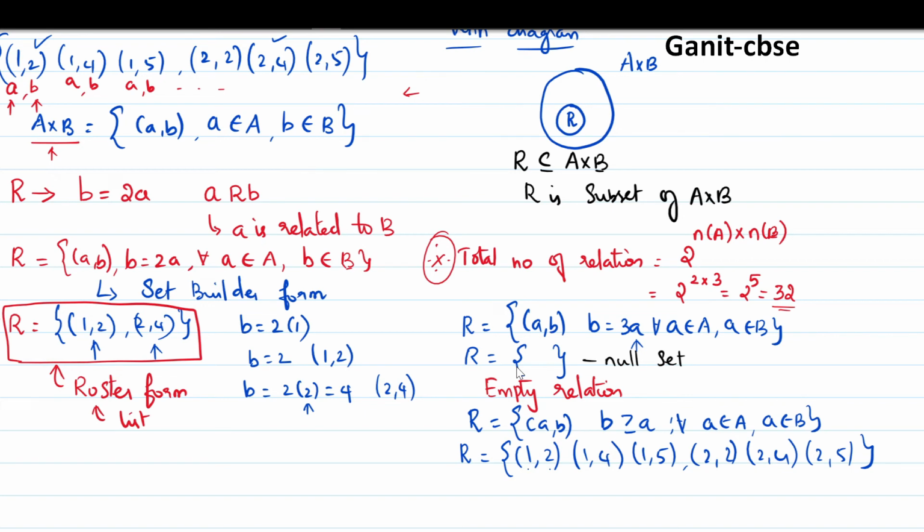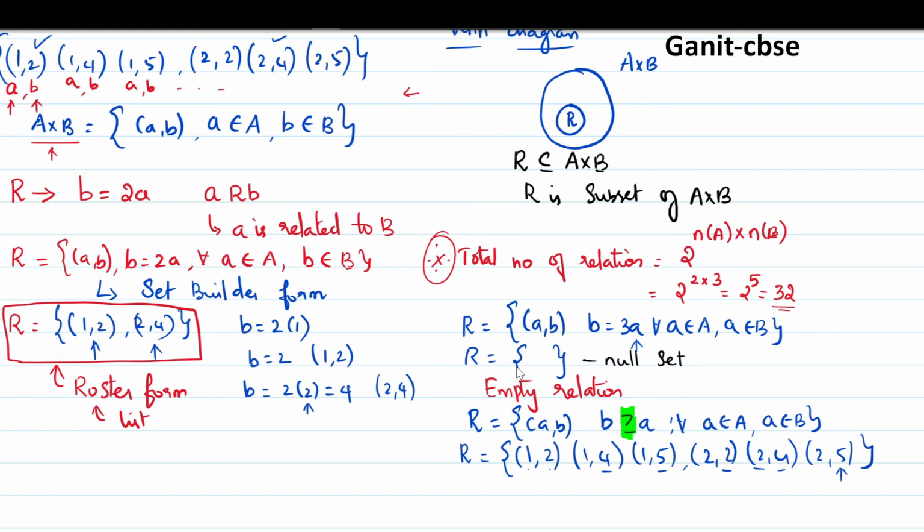So 2 is greater than 1, 4 is greater than 1, 5 is greater than 1, and 2 is equal to 2. So that pair satisfies the relation. 4 is greater than 2, and 5 is greater than 2.